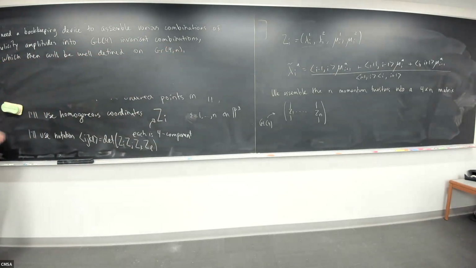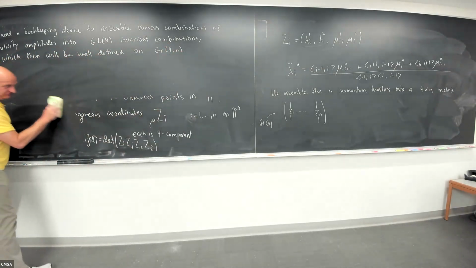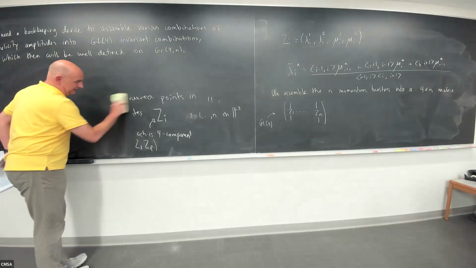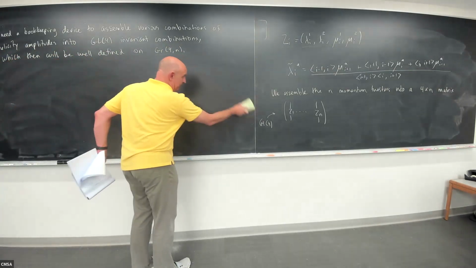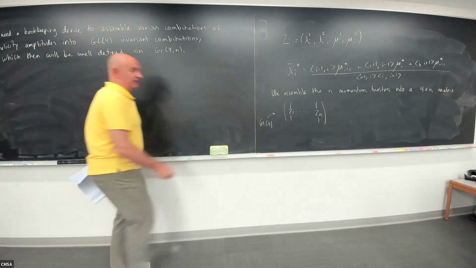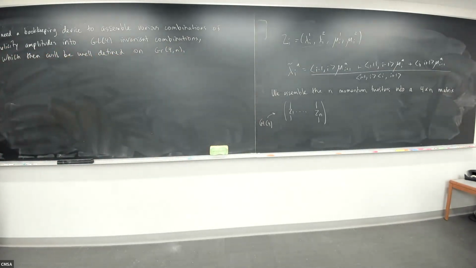I mean, it'll be a rational function, so it'll have poles, of course. But at least the whole notion of calling it a function on the Grassmannian will make sense. So are there any questions about that goal?